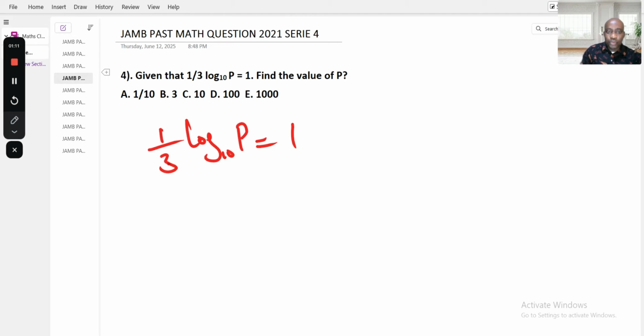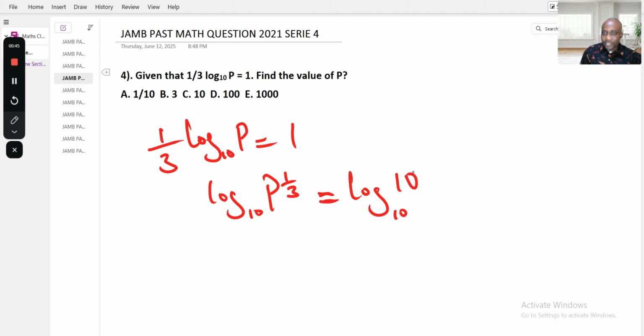Now we are going to move this 1 over 3 and put it as a raised power of P. In the log, when you see 1, it means log 10 over log 10, that is why we see 1. Let's say, for example, log 10 of log 10. If you cut out this one, it's going to give you 1. That's why we have 1 here.